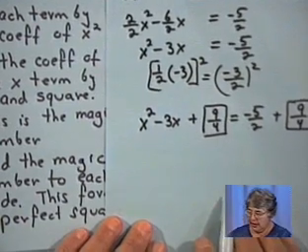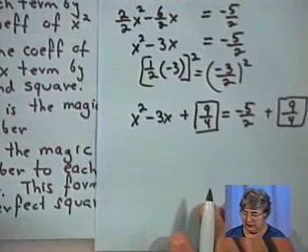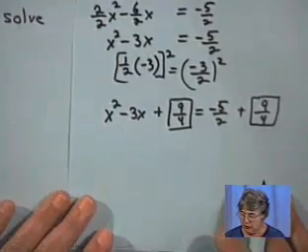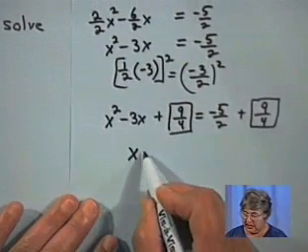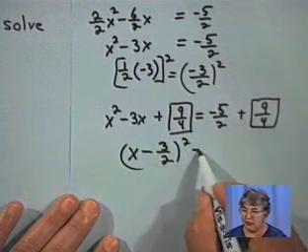Okay. Now, the left-hand side should be a perfect square. What perfect square is it? It's going to be x minus 3/2, the quantity squared. Now, how do I know that?